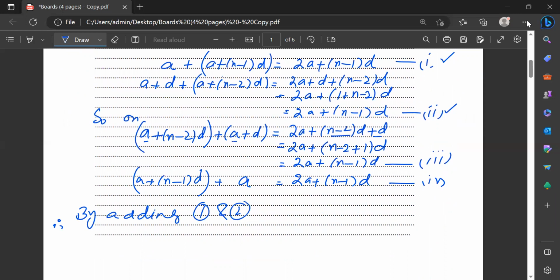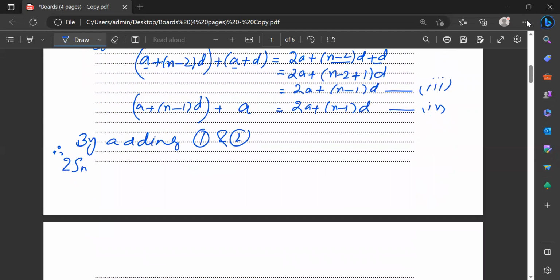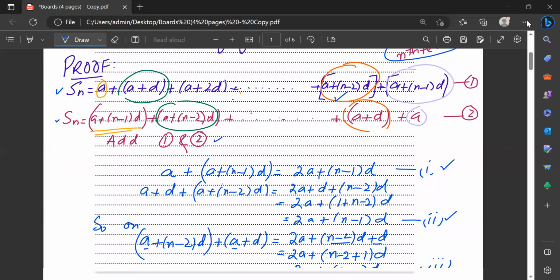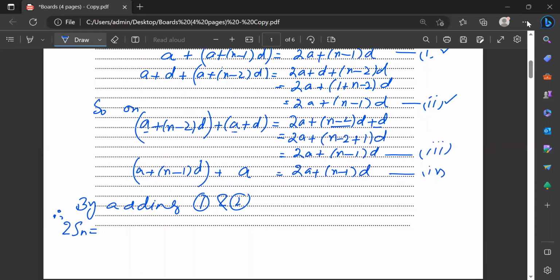So by adding 1 and 2, left side added to left side is 2Sn. 2Sn is equal to, now see, there are n terms. So it means 2a plus (n minus 1) into d is there.